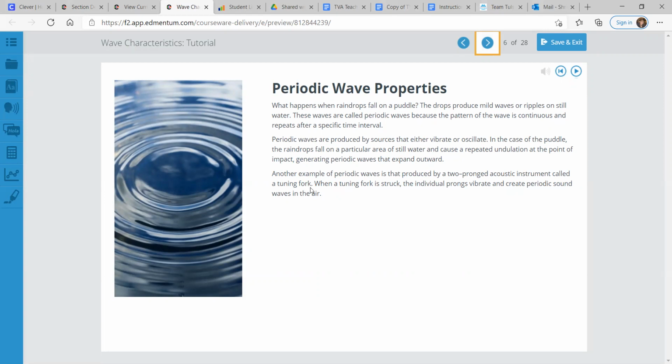Another example of periodic waves is that of waves produced by a two-pronged acoustic instrument called a tuning fork. If you strike a tuning fork, the individual prongs vibrate and they create a periodic sound wave in the air.